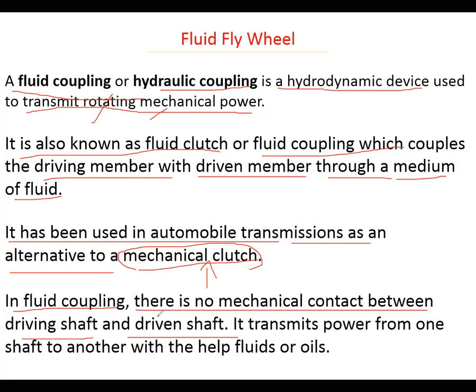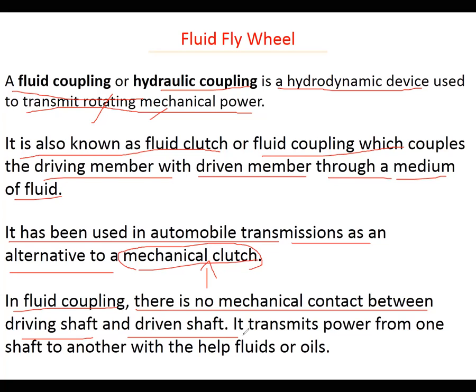But here there is no physical contact between the driving member and driven member. The contact is made through the fluid medium. The fluid strikes the driving member and driven member continuously with high speed and high pressure, so that mechanical power is transmitted through the rotational shaft.